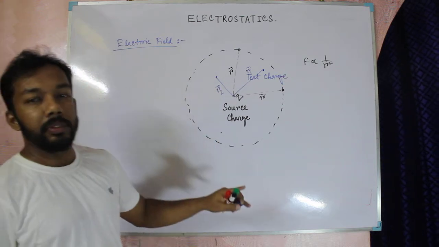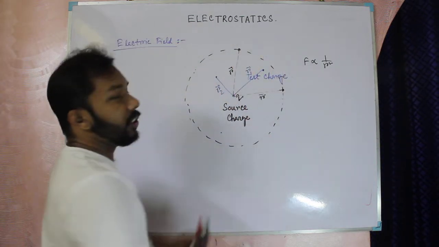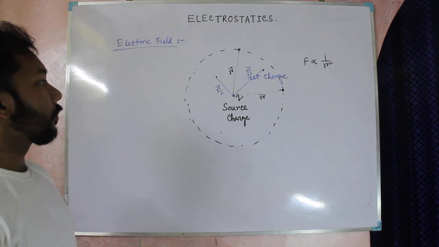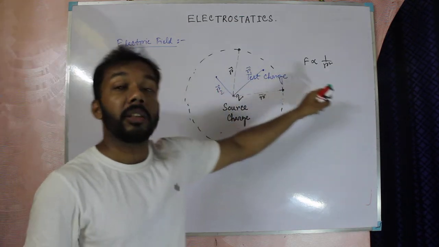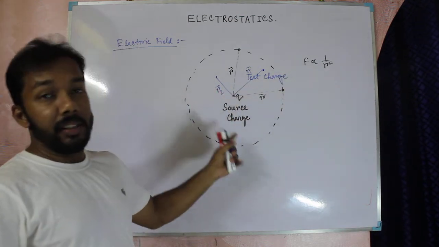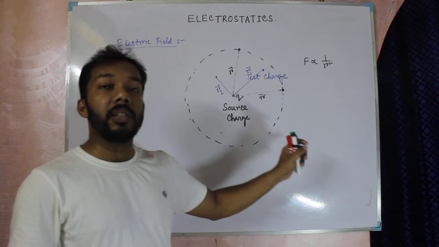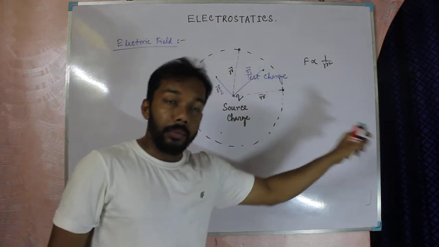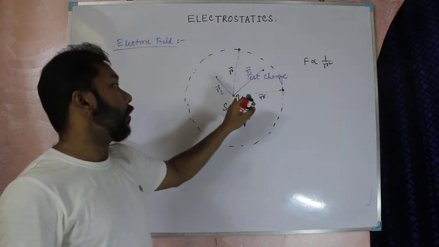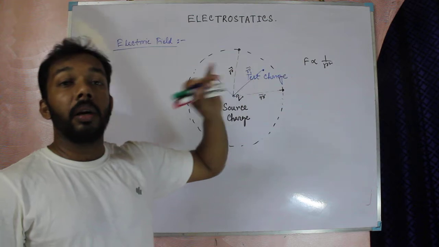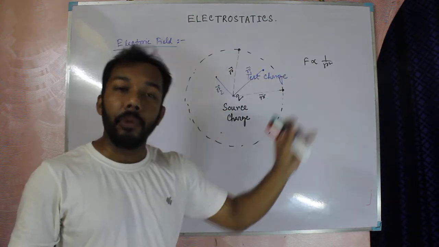On this board we have just drawn a hypothetical spherical region. But what is the exact radius of the region where a test charge will experience force, and how far from the central position or from the source charge will the test charge not receive any force?